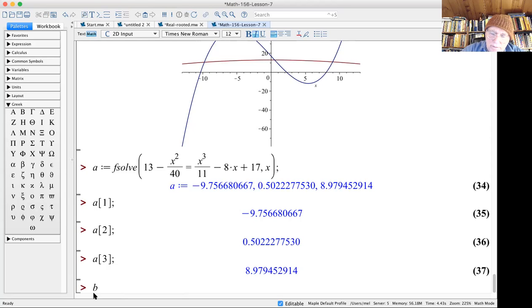So suppose we let B1 be what you get when you substitute x equal A1 into this polynomial.